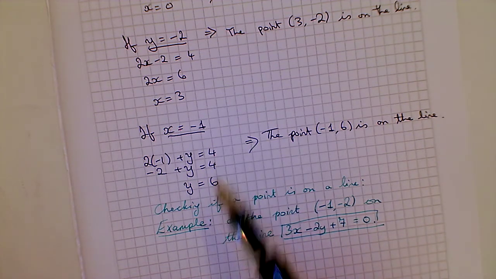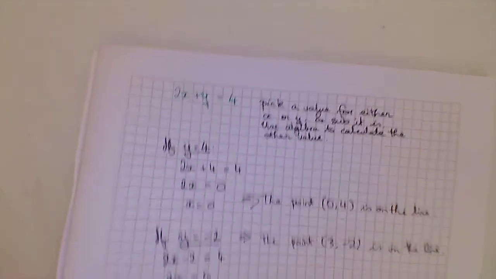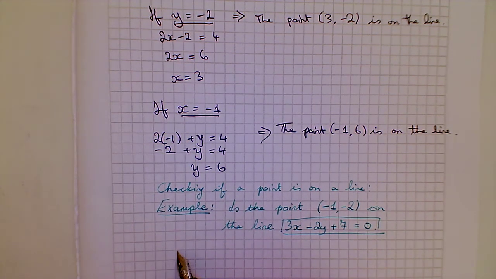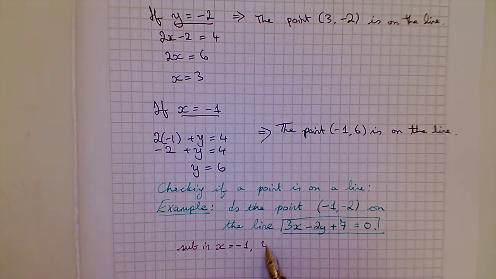Okay, my lines don't always have to be in this format. We'll talk about the format of lines in a while, but my line will always have a formula with only x and y in it. That's how we know that it's a line. So what we're going to do is sub in x equals minus 1 and y equals minus 2.